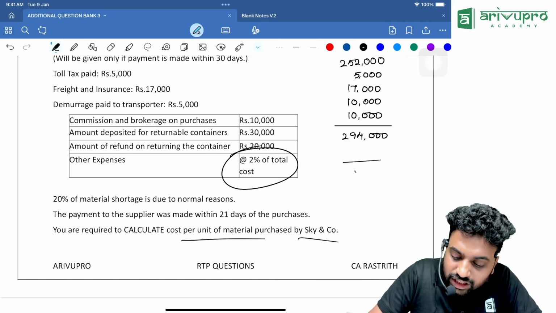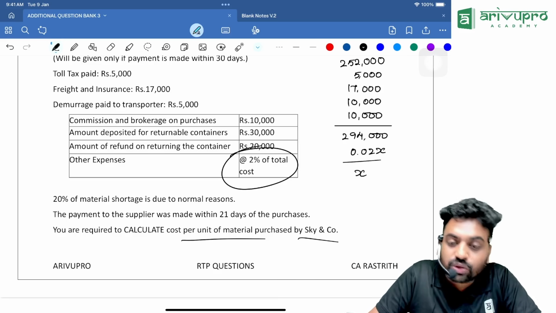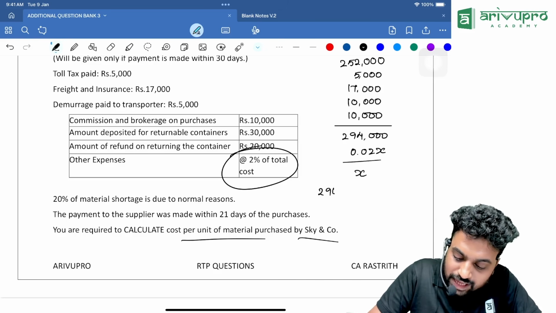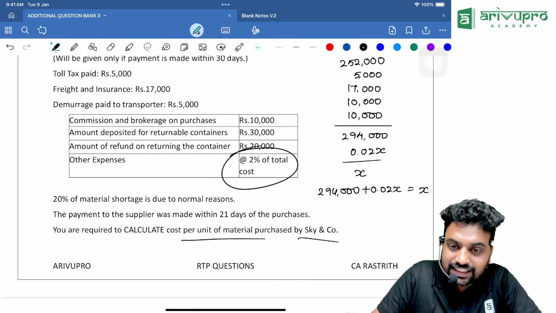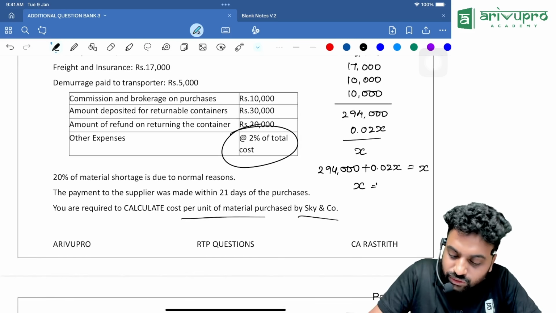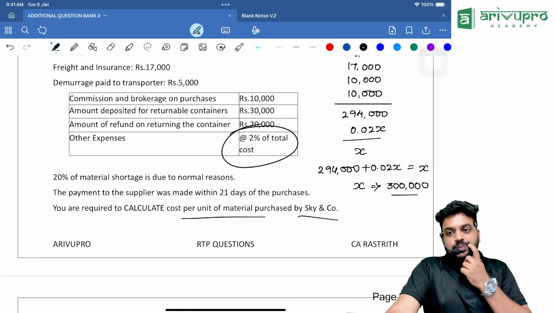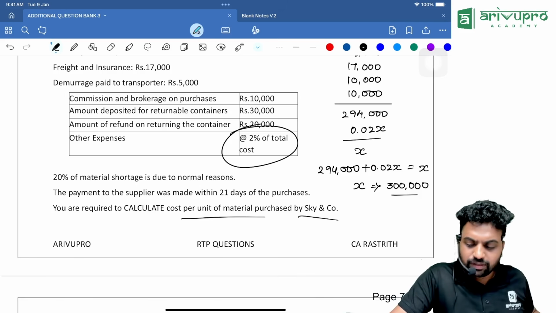If you take the total cost as x, other expense will be 0.02x, not 2,94,000 into 2%. So 2,94,000 plus 0.02x is equal to x. So x is equal to 3 lakh. Yes, sir. 2,94,000 divided by 0.98.